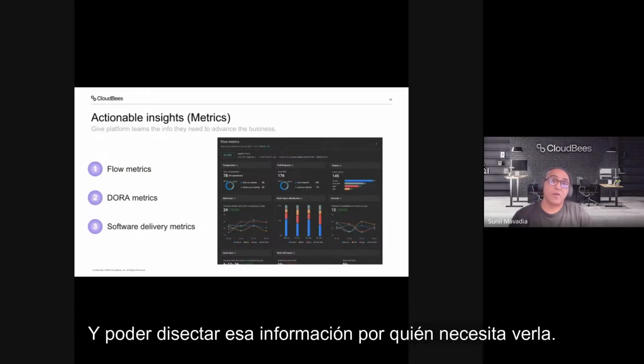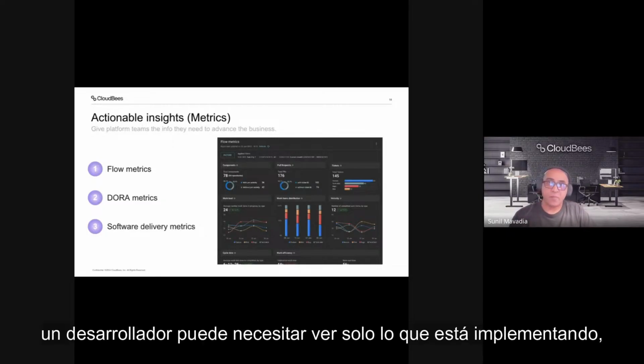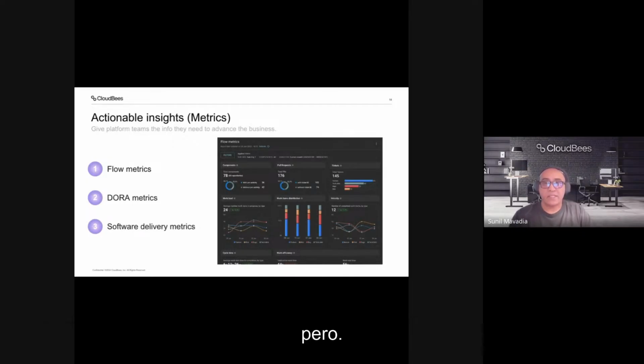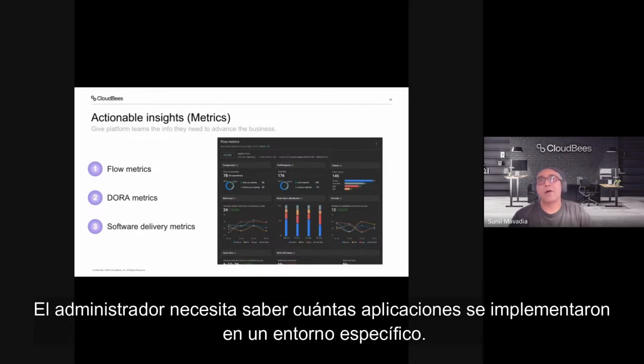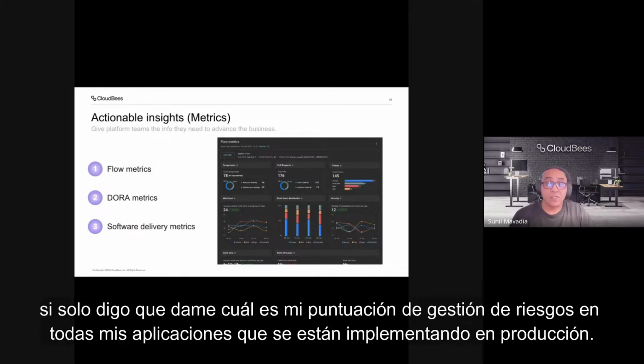And being able to dissect that information by who needs to see it. For example, a developer might need to see only what they're deploying, but a manager needs to know how many applications were deployed to a specific environment. But the CFO, or I'm sorry, the CTO or the CIO might just say, give me what my risk management score is across all my applications that are being deployed to production.